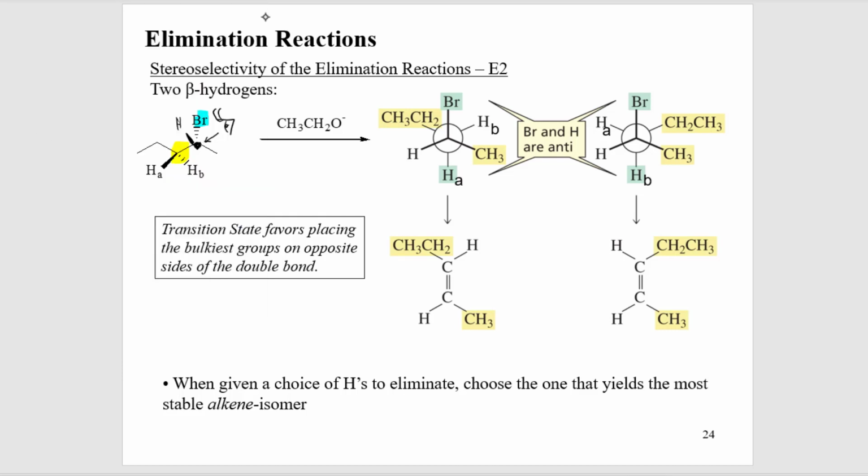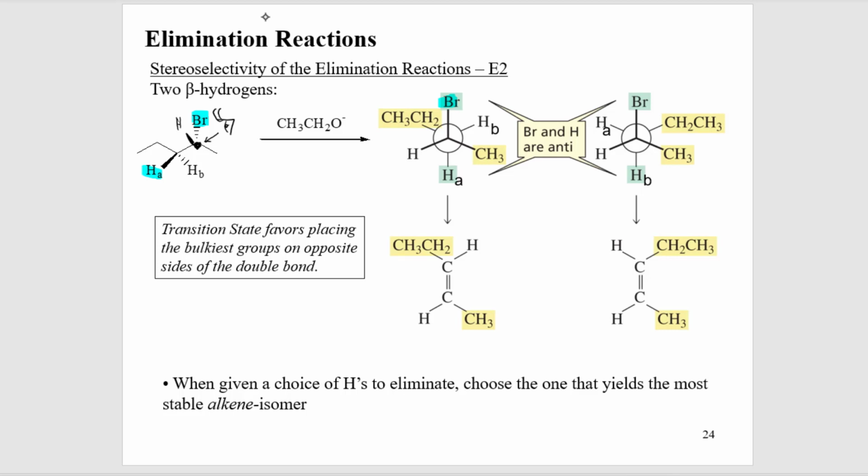The bromine is in blue, and what you're seeing is HA and HB. They're highlighting HA for you. Now, because of the wedge and hashes that they've outlined, they're showing you that there is a difference between the HA forward and the HB backwards.